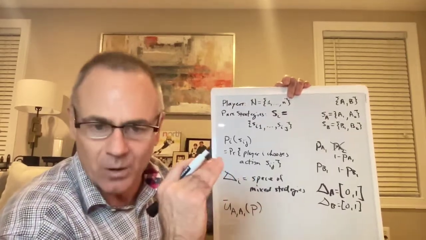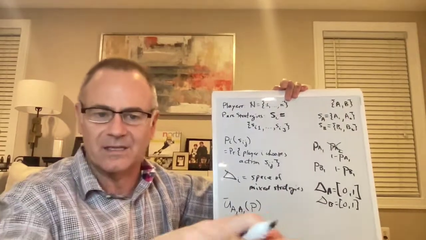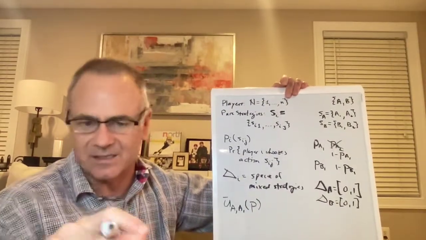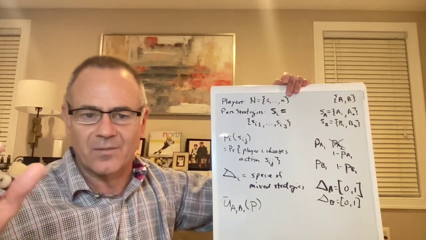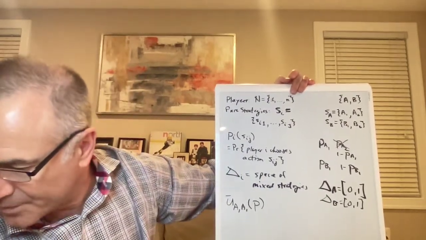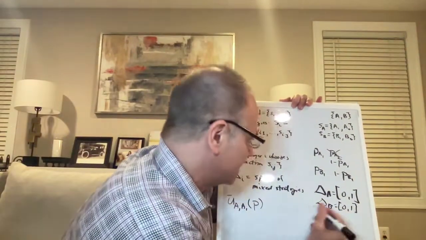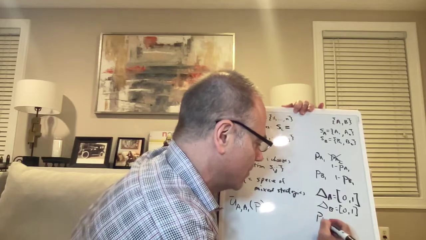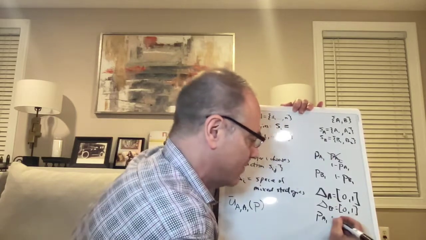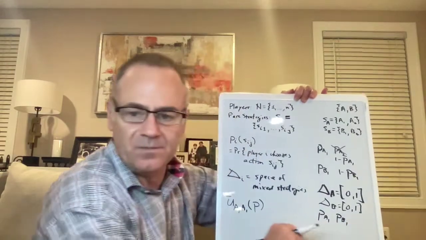It's like the equilibrium God says, here are the probabilities that you play these various actions. So P is going to be, in this case, a vector. For the Ox game, it's going to be PA1, PB1.